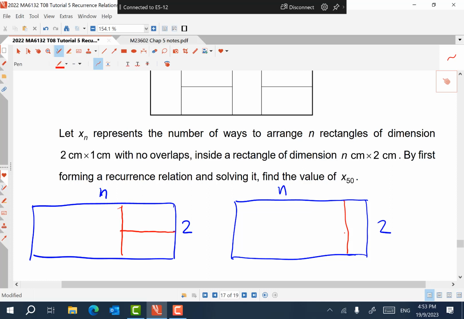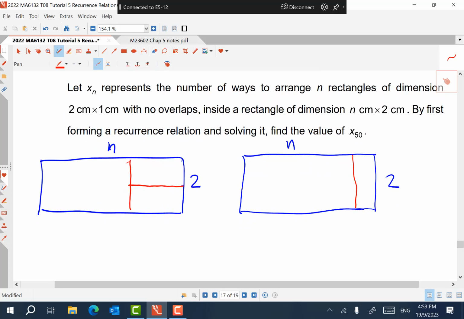So if you have the end case, and it ends like this, bear in mind that here is actually n minus 2, and therefore here there are so many ways to do it. Agreed?